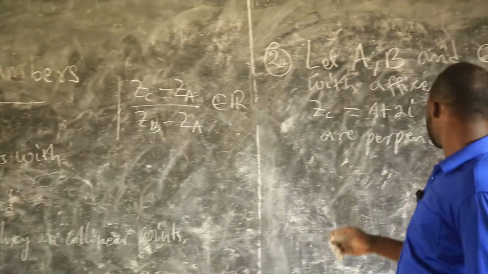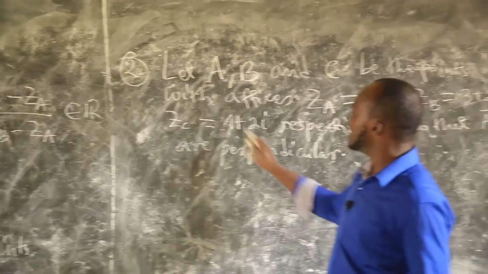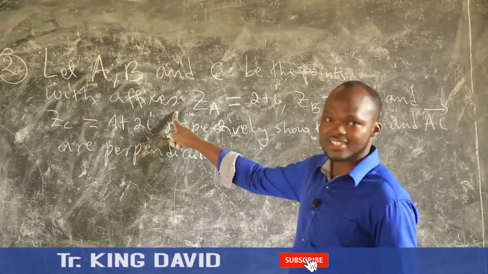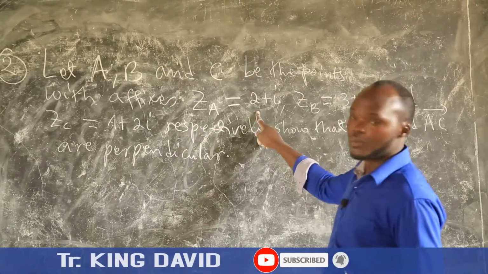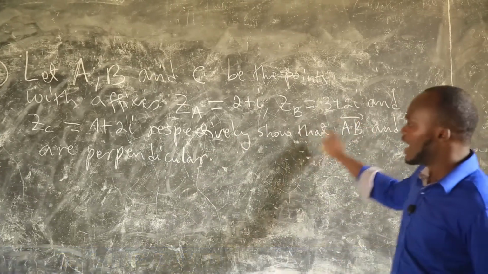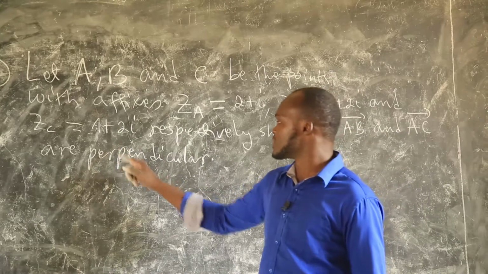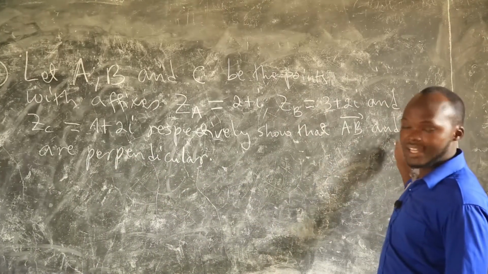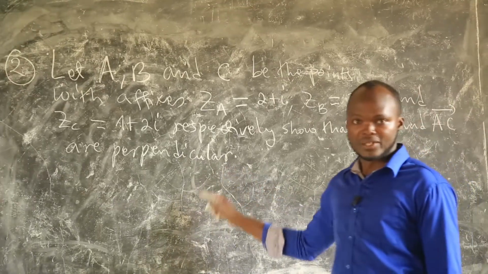So we have number 2 also. Number 2 is saying, let A, B, and C be the points with affixes ZA, which is 2 plus i, ZB, which is 3 plus 2i, and ZC, which is 1 plus 2i, respectively. Show that AB and AC are perpendicular.